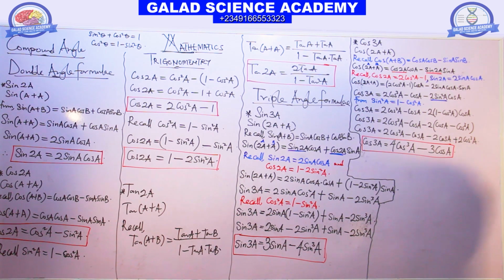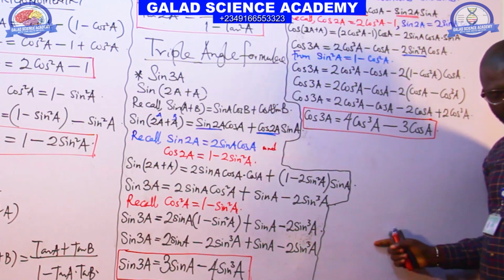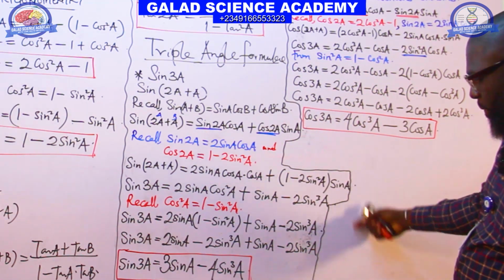Cos 3A is 4 cos cube A minus 3 cos A. And the last one, it will be tan. I can manage this space for tan.